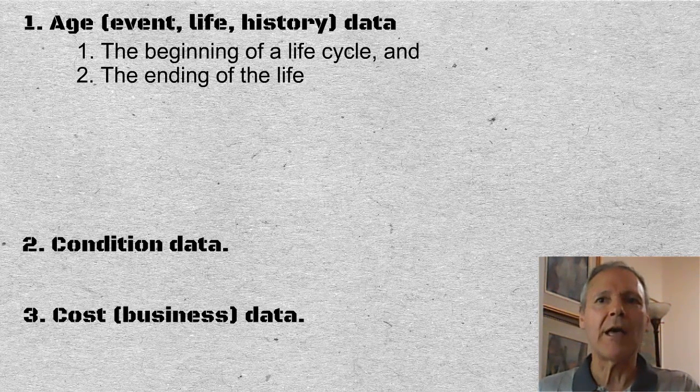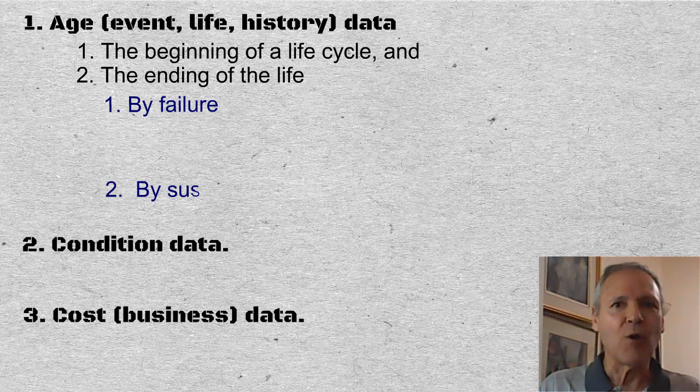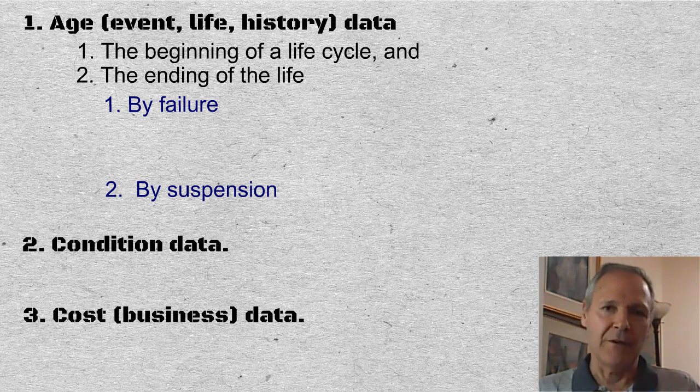For the purposes of reliability analysis, we need an accurate record of the equipment's age at the moment these two events occur. There are two ways that a life can end: by failure or by suspension. Failure is self-explanatory, but what do we mean by a suspension?